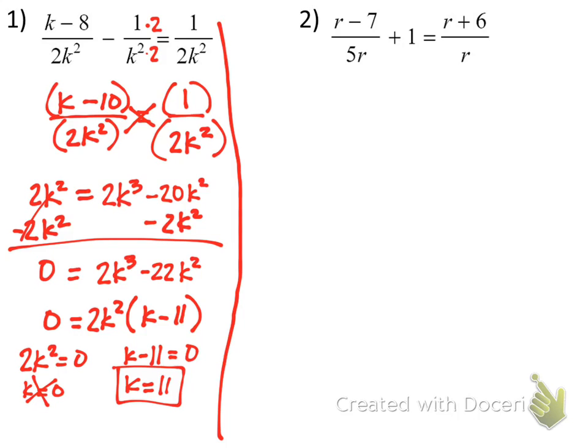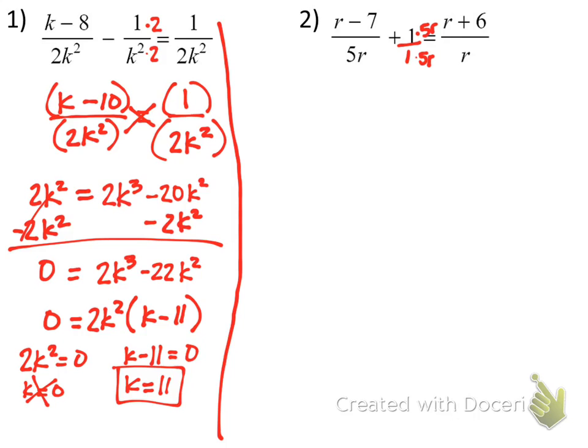Okay, number two. We have r minus 7 over 5r plus 1 is equal to r plus 6 over r. So, right side we have a denominator of r. That's fine. This side we have two denominators. We have 5r and we have, this is really over 1. Okay? So, we want to combine like terms. I'm going to multiply this by 5r.